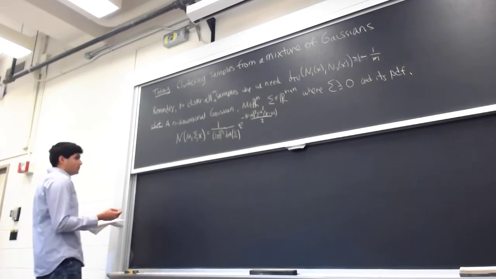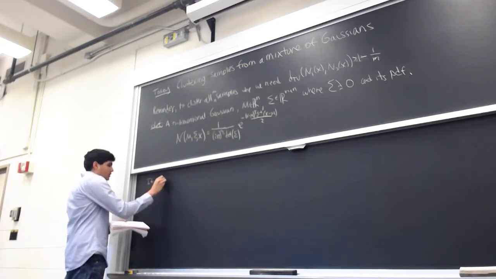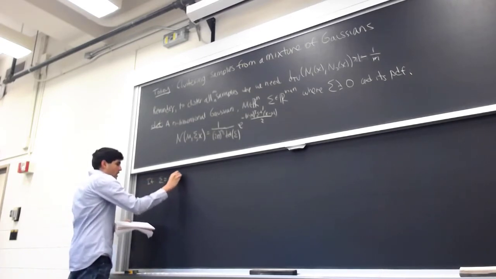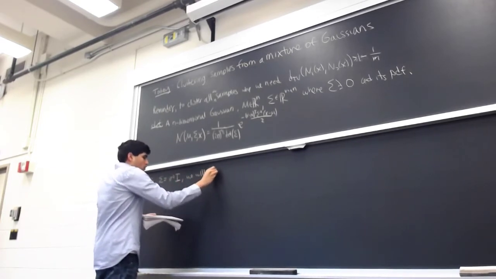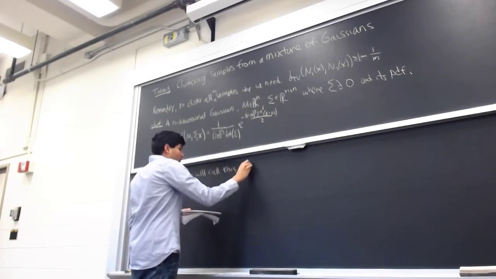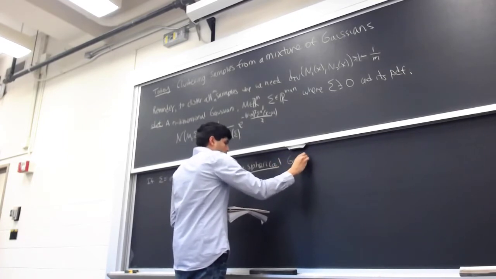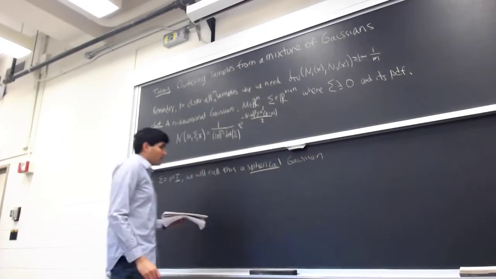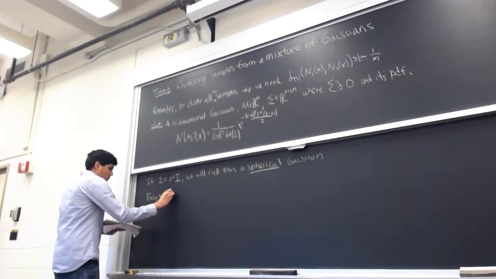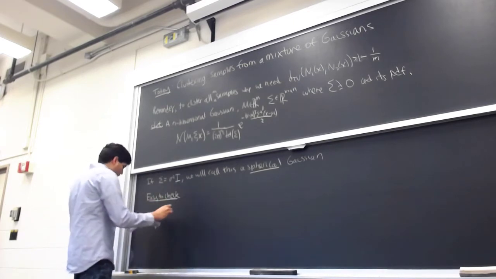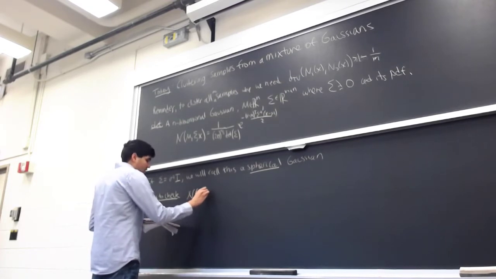But just to remind you, if sigma equals sigma squared times I, then we'll call this a spherical Gaussian. And in fact, it's easy to check that in the case of a spherical Gaussian, its PDF actually factorizes.